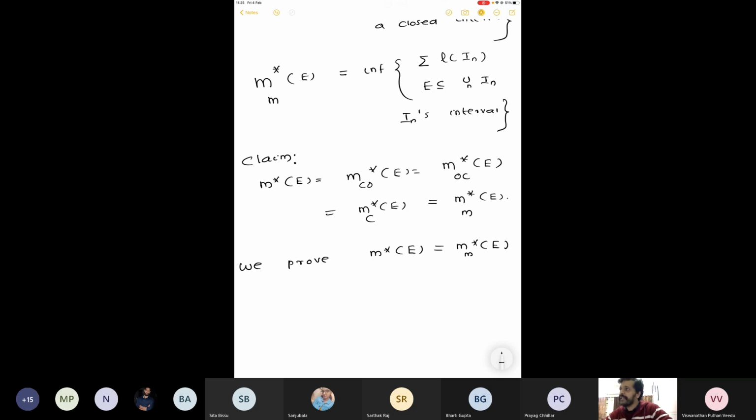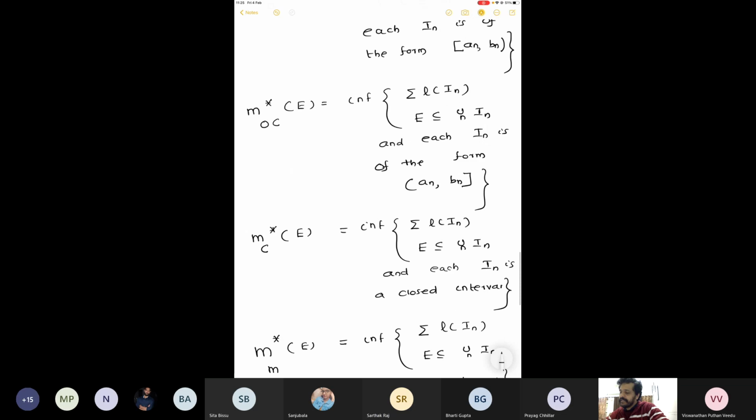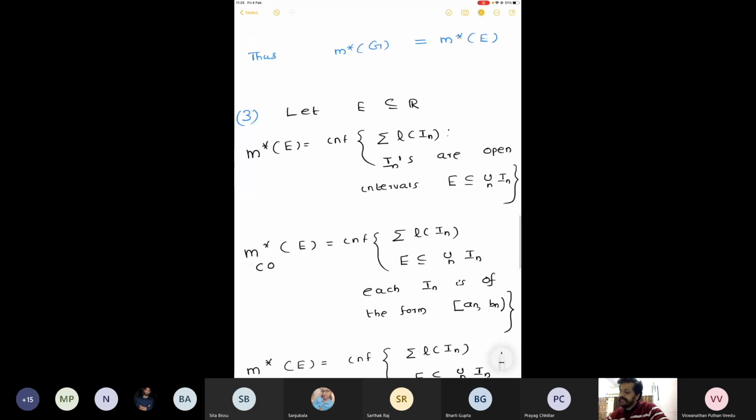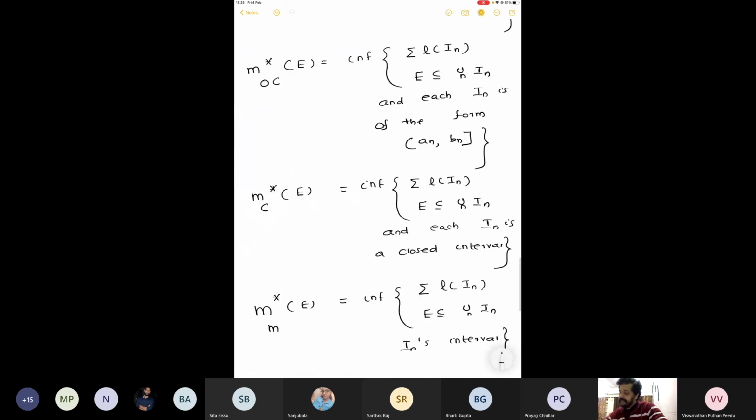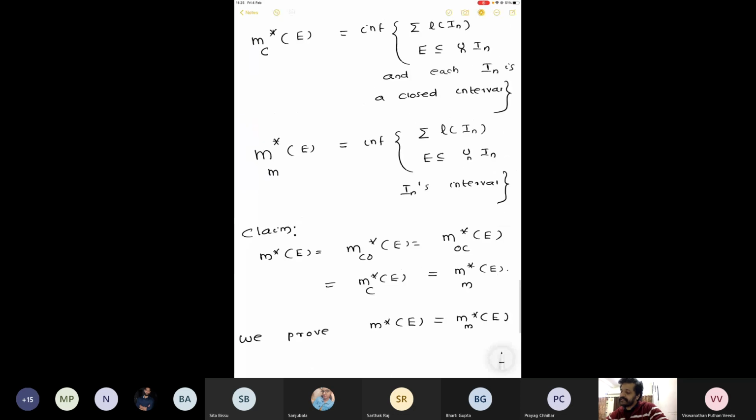Okay. So do you see that one collection is already contained in the other? Which one is contained in which? Open is contained in the mix. Yeah. So the collection that we deal with in M star E is contained in the collection that we deal with in MM star E.